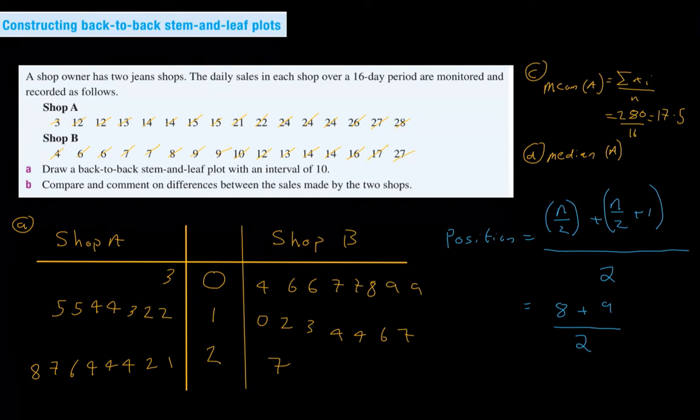So 15 plus 21 divided by 2, and that gives us 18. So we were right. The median is very close to the mean.